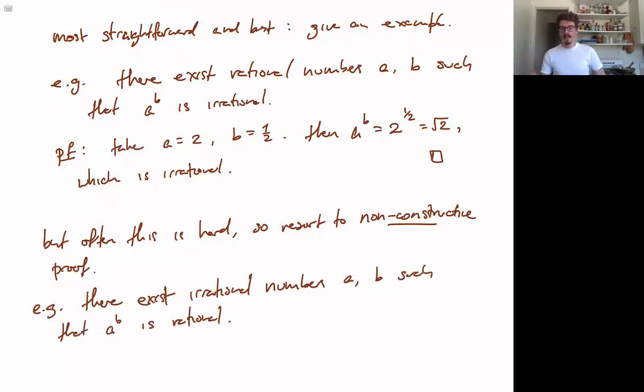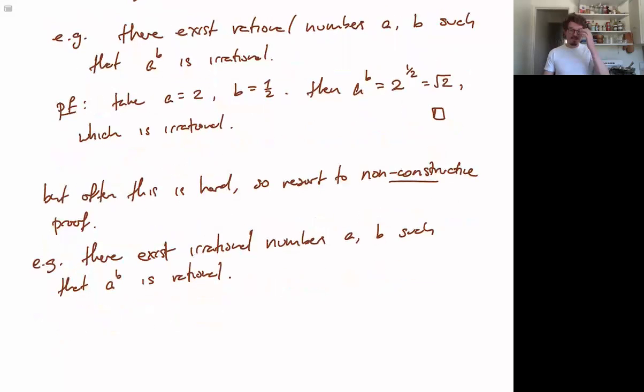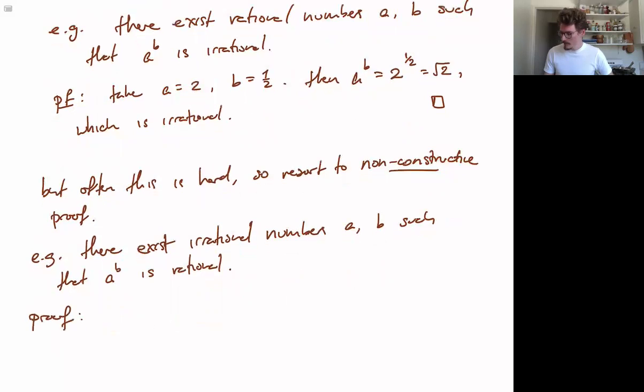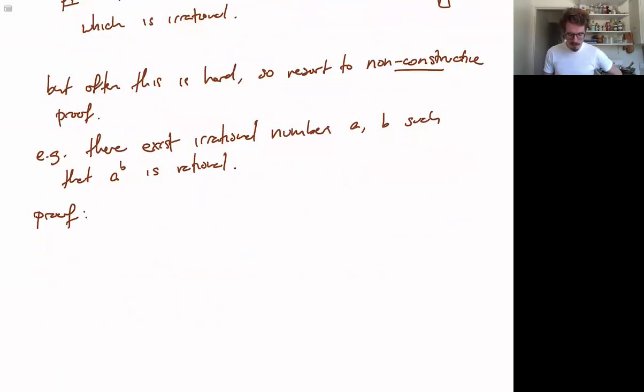So this is exactly the same proposition, except we've exchanged the roles of rational and irrational. And this proof is going to be almost constructive, but not quite. So here's our proof.